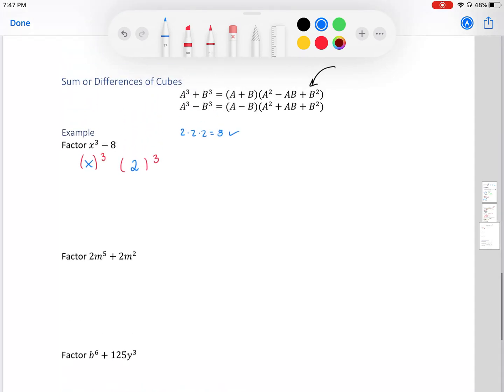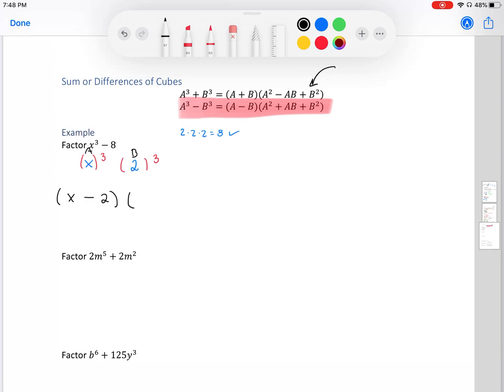Okay, so according to my rule, we're looking at this one because it has a minus, and our problem has a minus. I take my number a and b. So that's my a and that's my b. I have a, which is x, minus my b, which is 2.